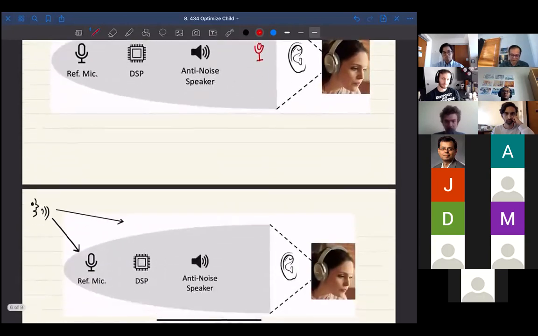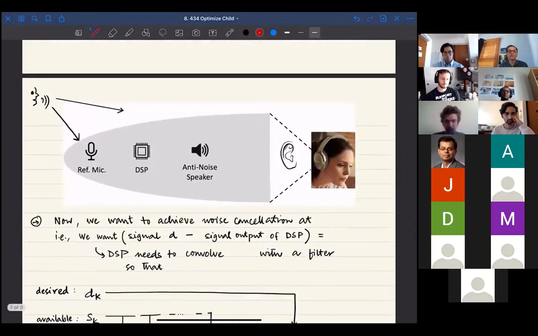Let's try to understand what goes on in noise cancellation. So let's say someone is talking at the corridor, and let's call that signal X. That signal is a vector, so X is a vector. That signal arrives at your headphone, the reference microphone, which is the outer side of your headphone, but also arrives towards your ears.